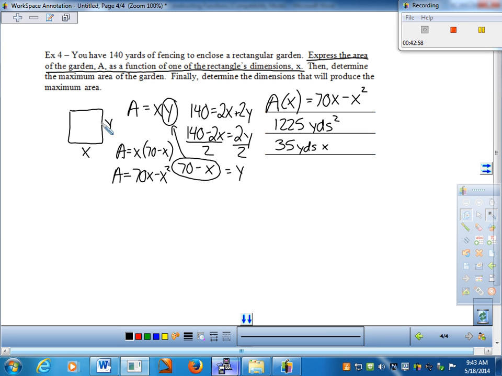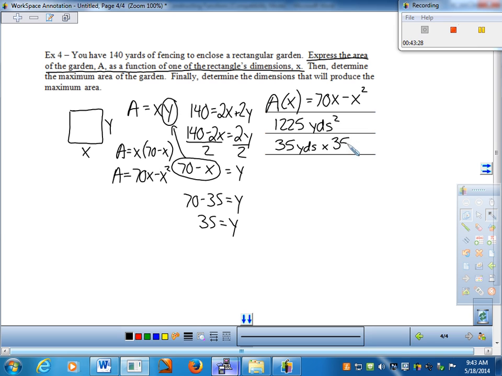And so again, I would just ask you, if you're given an x, is there a way for you to come up with the y value, the other dimension here? And I'm hoping you see this piece right here. Y is equal to 70 minus x. So in this case, 70 minus 35 would do it. And shouldn't come as a great surprise that we've got a y value of 35 yards.